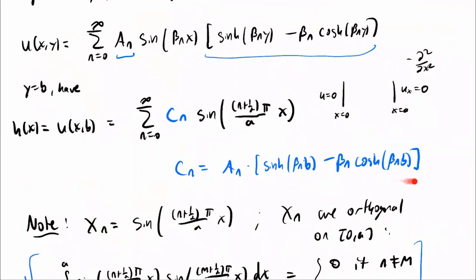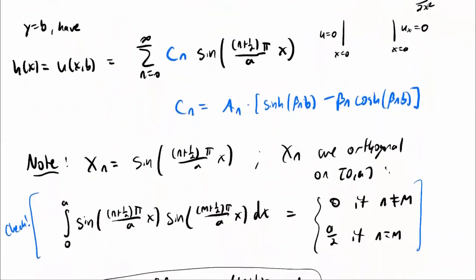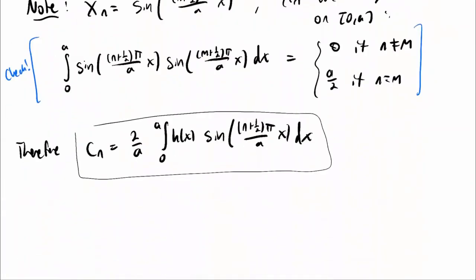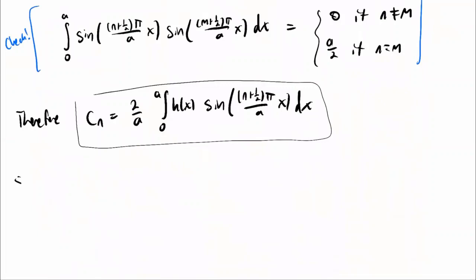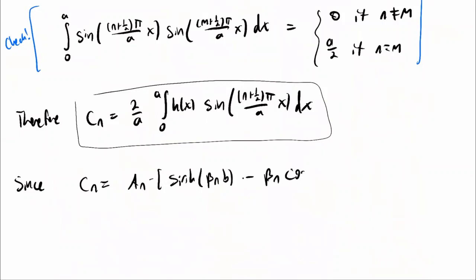I just have to divide by this hyperbolic trig function. Since Cn is equal to An times what we had, hyperbolic sine of beta n b minus beta n hyperbolic cosine of beta n b.